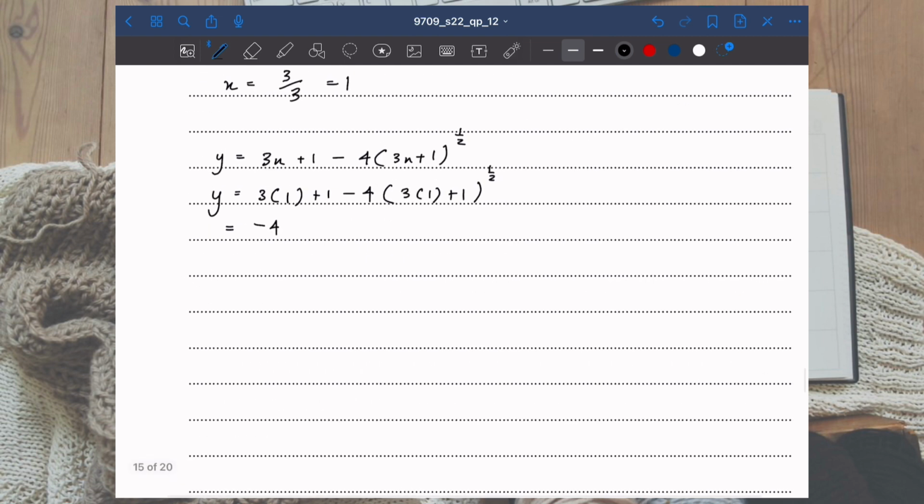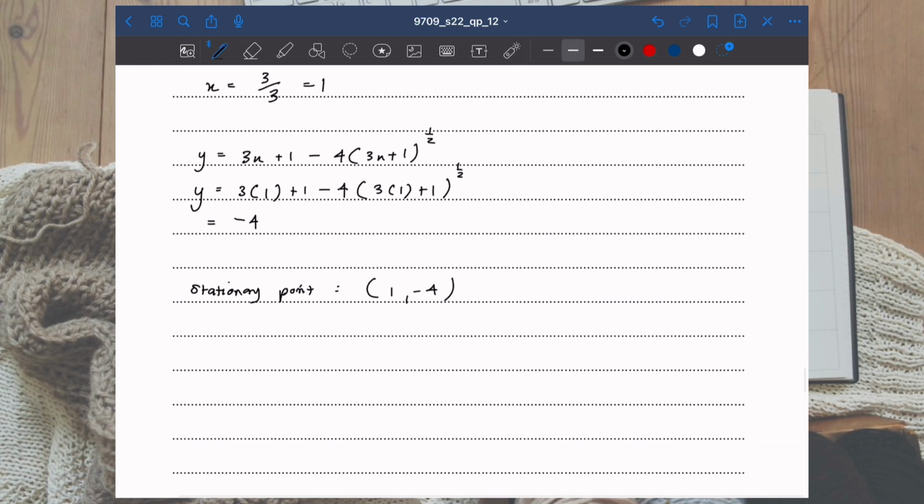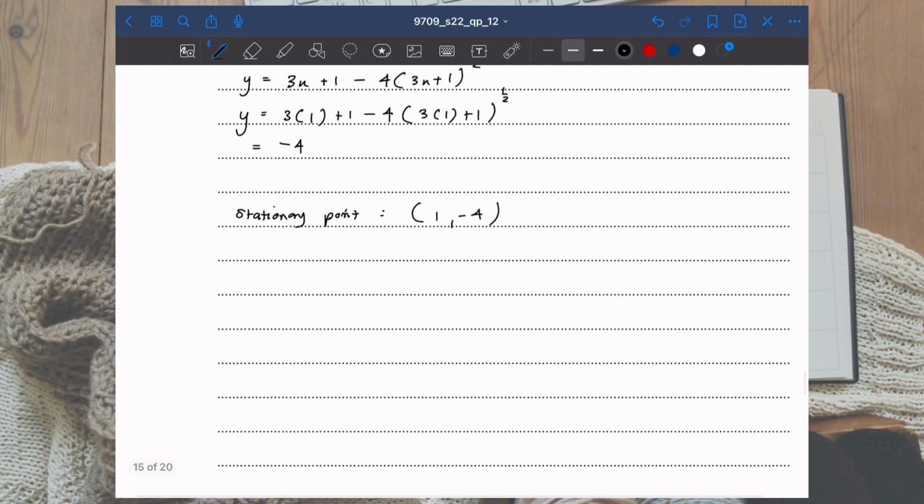So our stationary point is at (1, -4). To determine its nature, we substitute back our x coordinate into our d²y/dx².